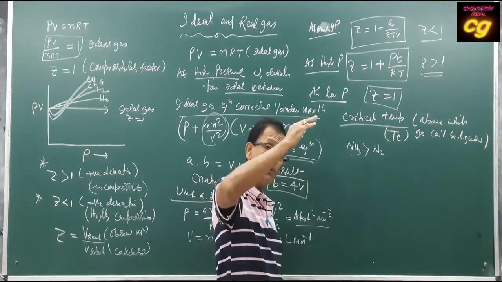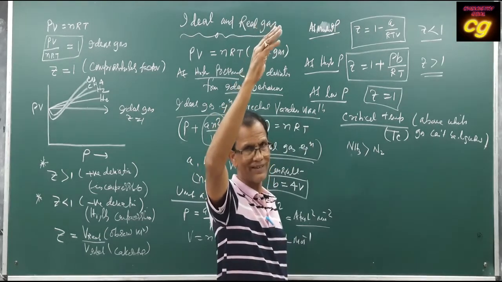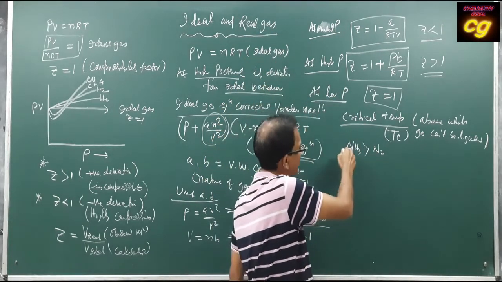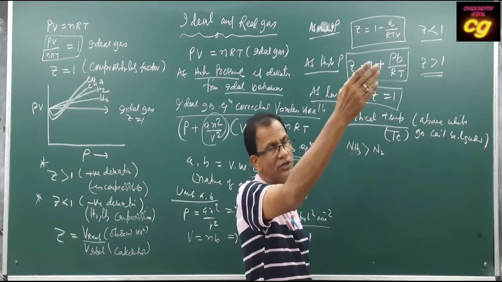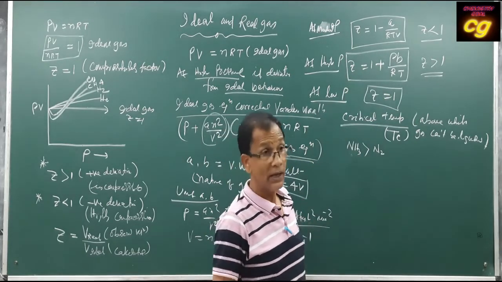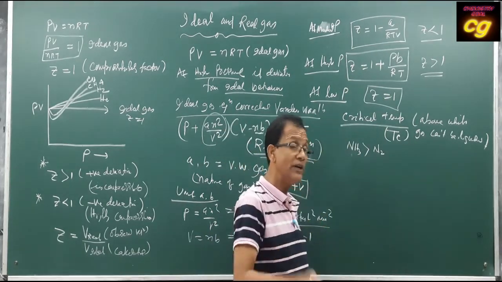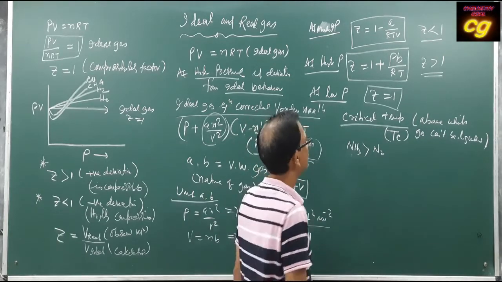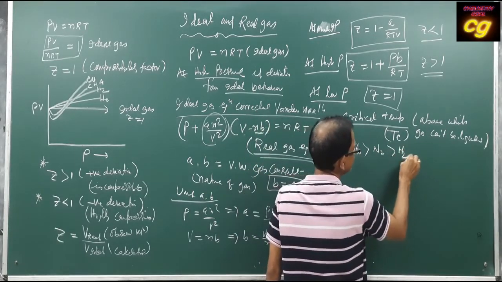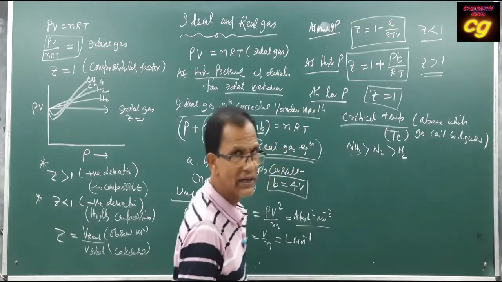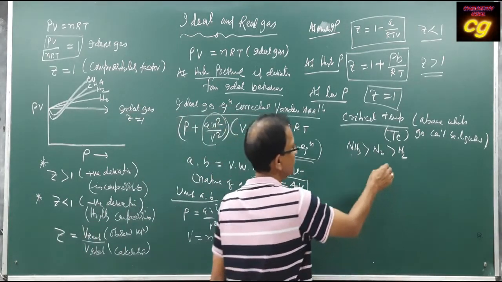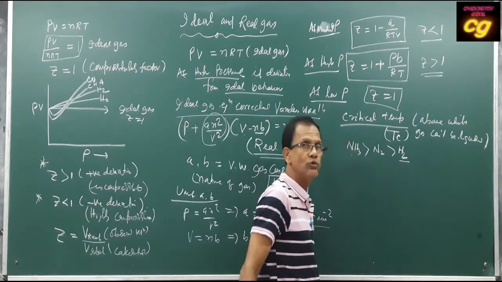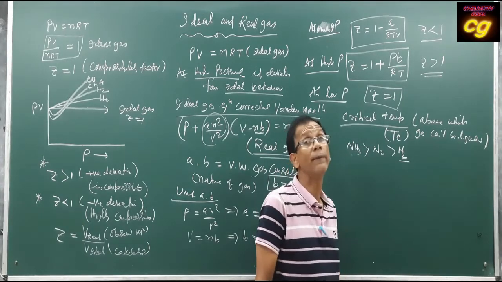If the critical temperature is low, it is very difficult to liquefy. For example, hydrogen has a very low critical temperature, so it is very difficult to liquefy.